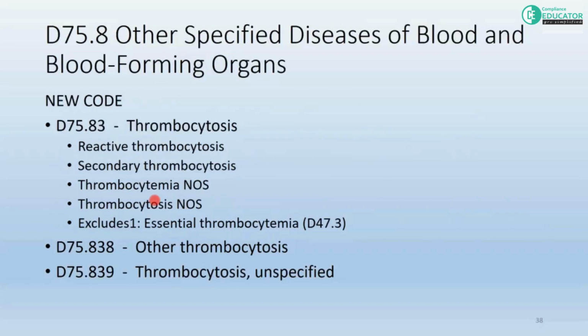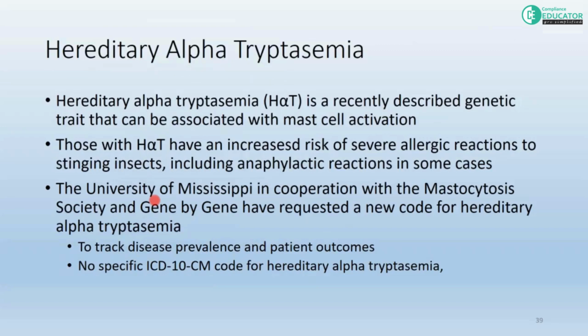So we have a new code that's going to come out. The new subcategory, if you will, is going to be the thrombocytosis with this reactive, secondary, etc. And then we have other thrombocytosis, and then thrombocytosis unspecified. So we need to make sure that they see that. And I would just copy the page right out of your ICD-10 book. And if you don't have an ICD-10 book, I'm sorry for you, because you really should have a new book every single year.